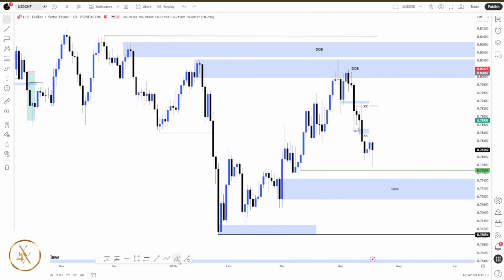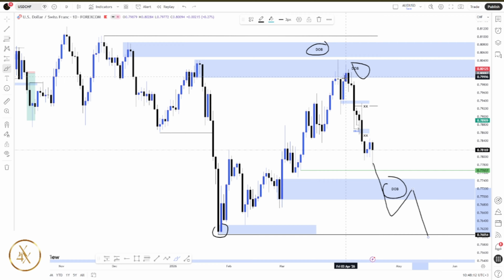So you can see that on my daily, I have multiple daily order blocks, which are my multiple points of interest. There's this, I have this, I have this. As you know, if this breaks, then it will become a breaker here. And if this had broken through, it would have been a breaker on the upside.